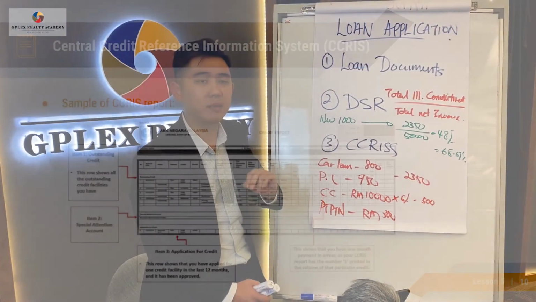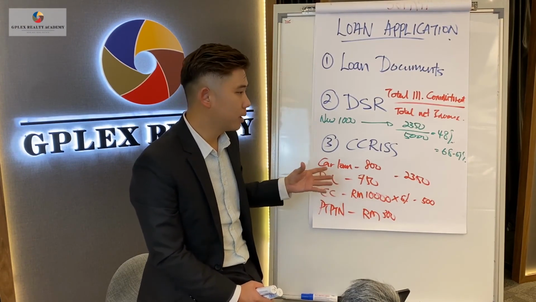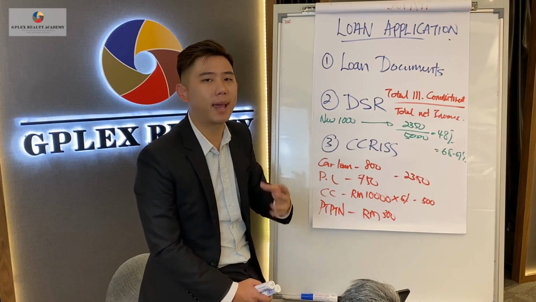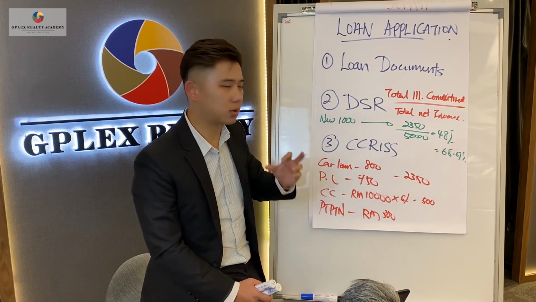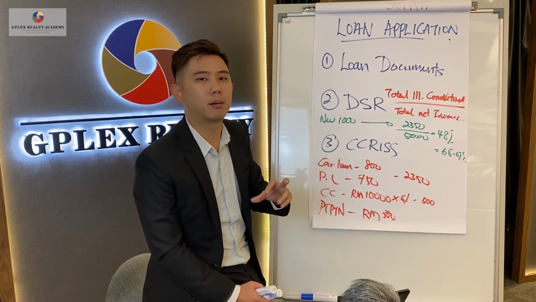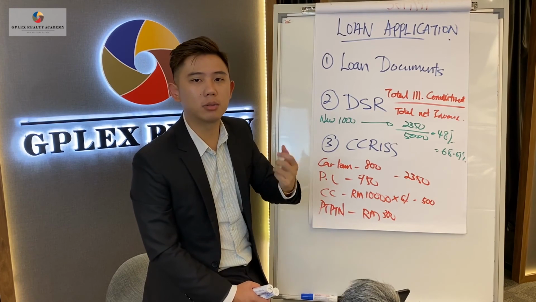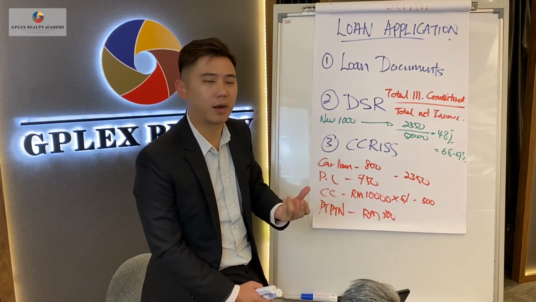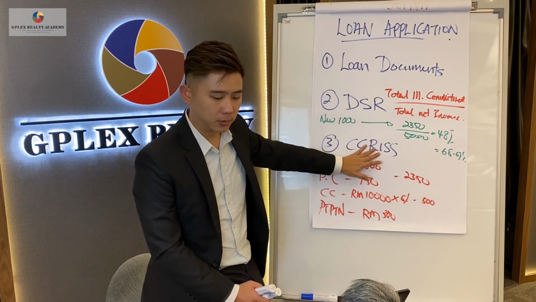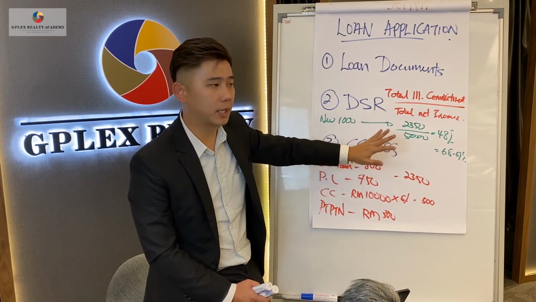For some banks, if you have 2, you also cannot get the loan, because that proves you have a bad repayment attitude or behavior. So most of the time, the bank won't choose to approve the loan for you. If you have 1, you need to clarify why you have 1. In here, there are only 2 options if you were involved in late payment.